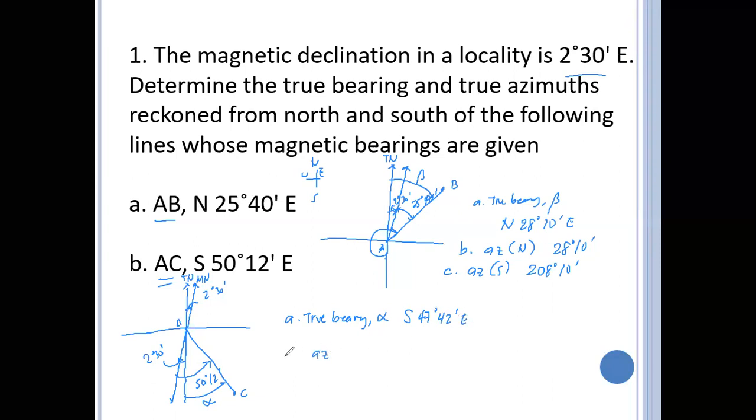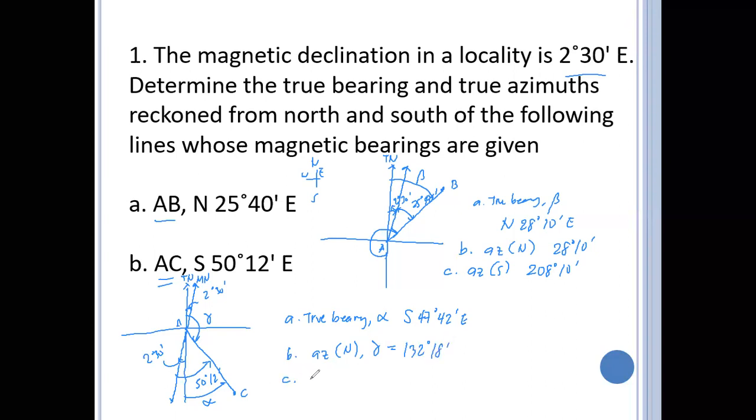Then our azimuth from the north, we label that as gamma. So this is 180 minus alpha. This will give us the value of gamma, so 132 degrees 18 minutes.